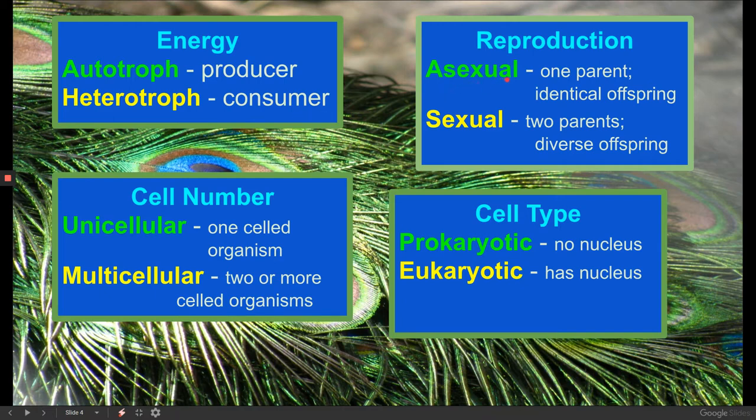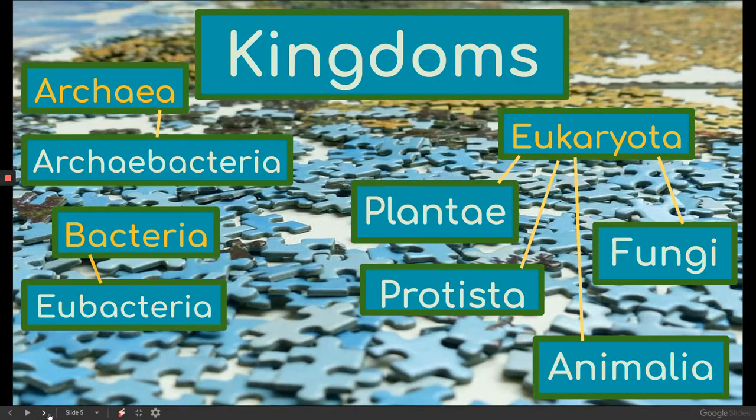Reproduction is asexual when you have just one parent with identical offspring, or sexual when two parents have diverse offspring, or different offspring. Cell type: prokaryotic has no nucleus, eukaryotic has a nucleus. And is the organism just one cell or many cells? Those are the traits we're going to use to classify something into a kingdom.